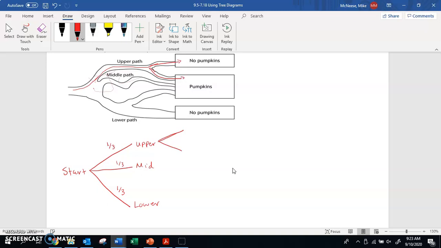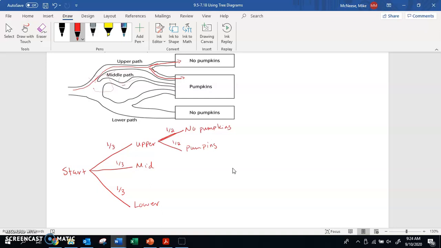The lower leads to pumpkins. So each of these, since there's 2 options, you have a 1 in 2 chance of reaching it.